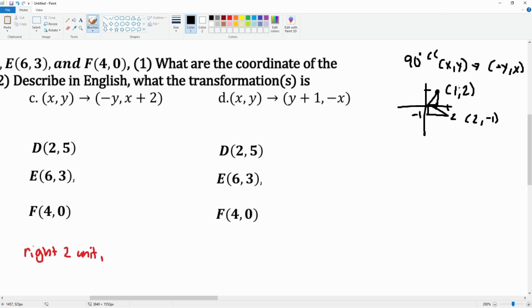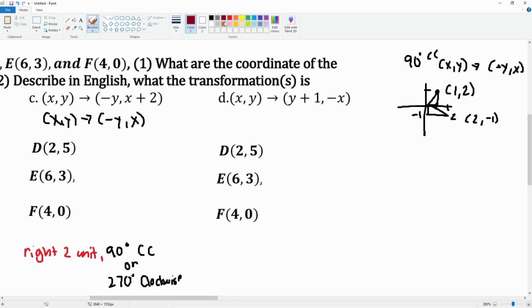Okay, let's make sure the rules are right first. But here it keeps going. So for it to swap like this from (x, y) into (negative y, x), this is either a 90 counterclockwise or a 270 clockwise. Okay, so that would be the rule.